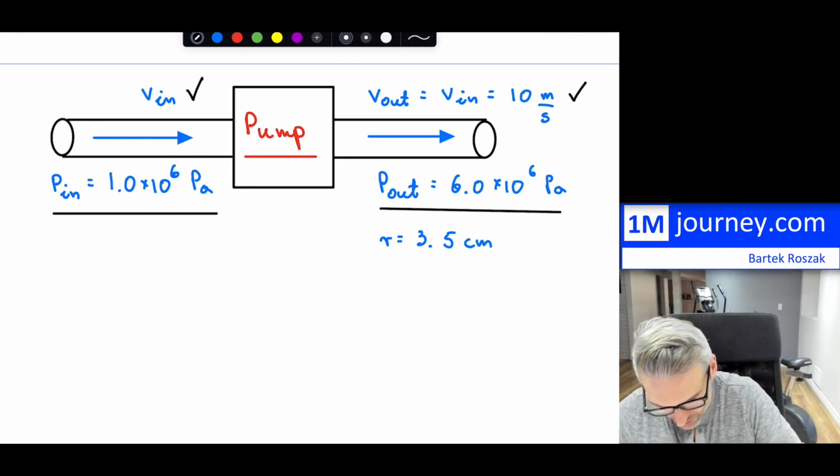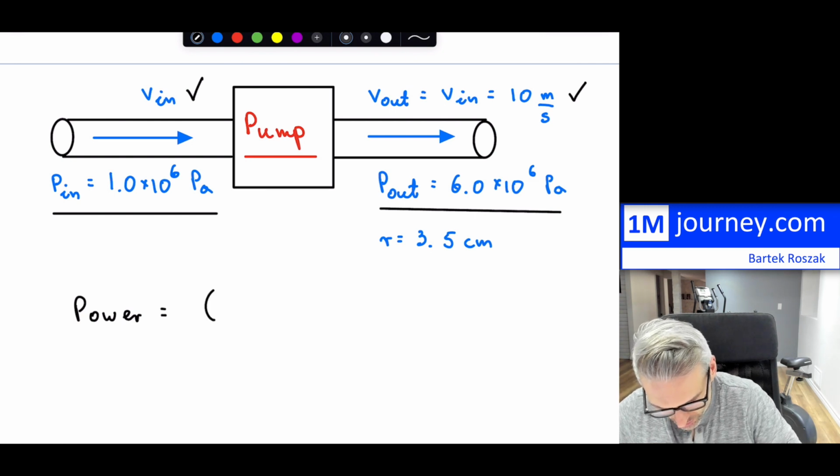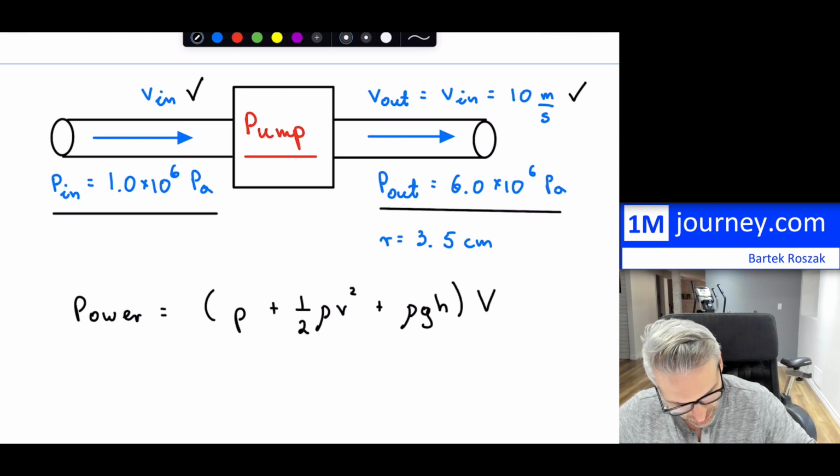So if we wanted to calculate what the power is, this power is supposed to be equal to the pressure plus the kinetic component related to the speed, plus the component related to the gravitational component of the height, which is h. We're supposed to multiply this by the volume flow rate.